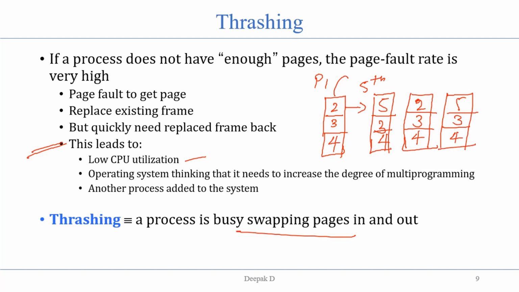Remember here, the operating system thinks that because of the low CPU utilization, it needs to increase the degree of multi-programming, which means the operating system thinks the CPU is underutilized, so it has to bring another process to the CPU.